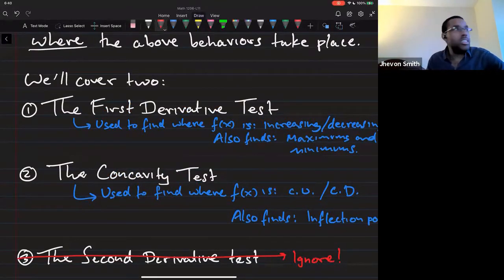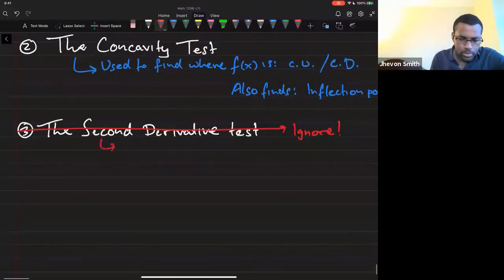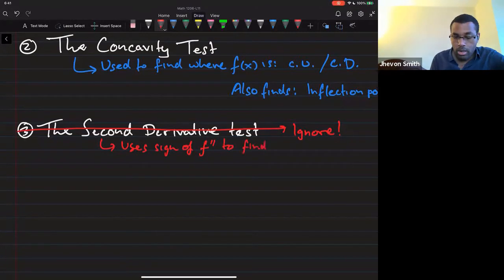The second derivative test is kind of a way to use the second derivative to tell you about maximums and minimums. Find, not all of them, find some maxes and mins.